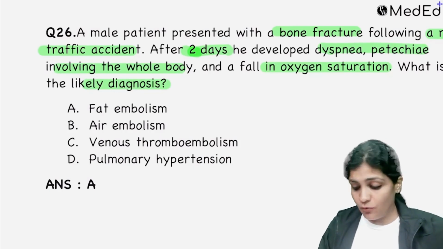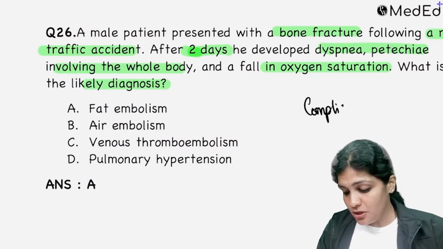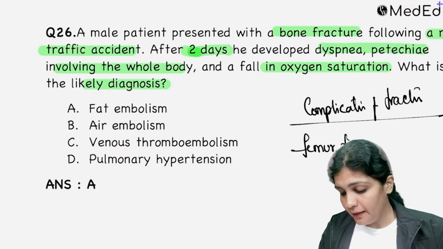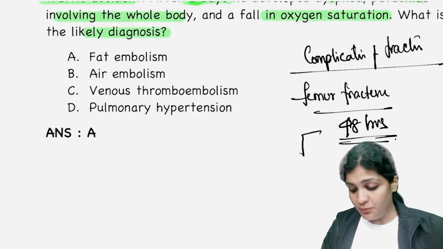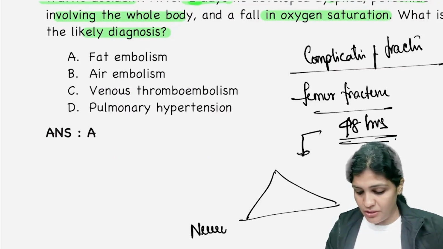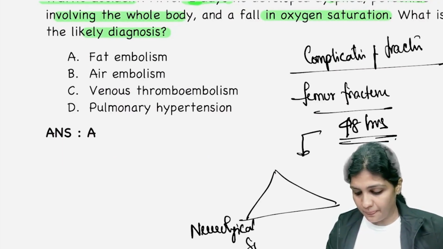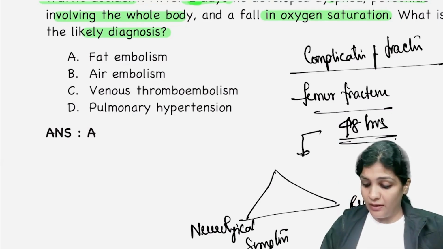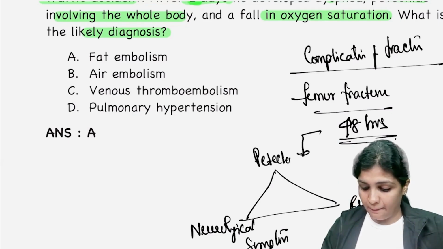So, whenever they give a complication of the fracture, especially a femur fracture, and that is after 48 hours, whenever there is a triad of, first, neurological symptoms, then respiratory distress, the final one is petechiae.